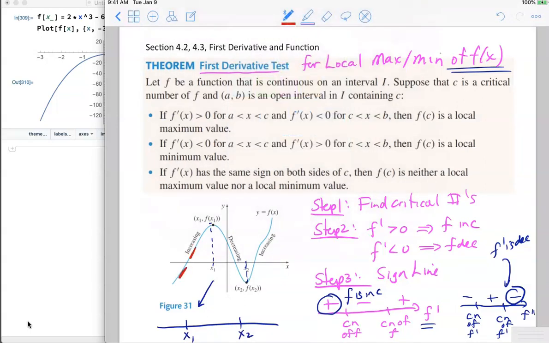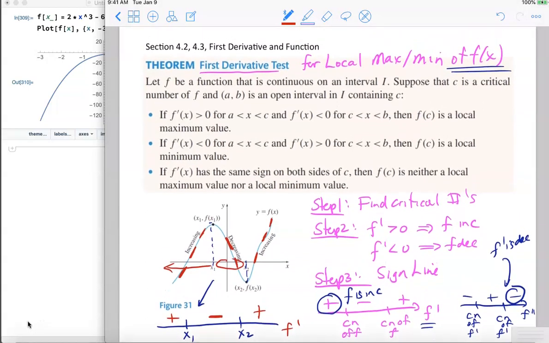The tangent lines are positive, so we know that for the values of x less than x1, the derivative is positive. Between x1 and x2 in this region, the tangent lines are sloping downward, so the derivative is negative. And bigger than x2, the derivative is positive. The tangent lines are positive, and so this is a sign line for f prime.